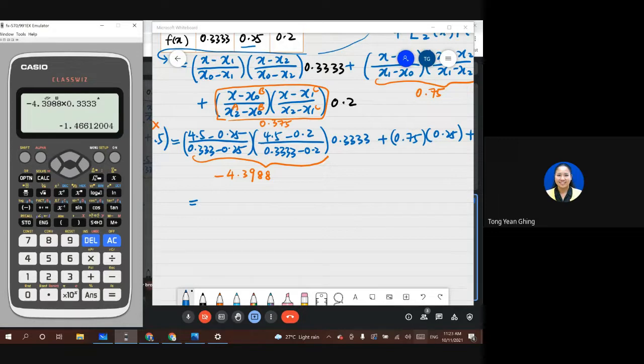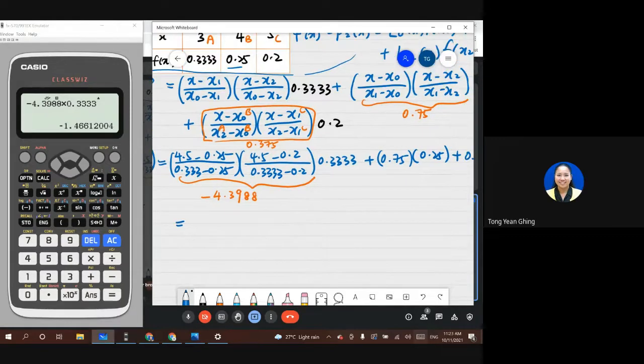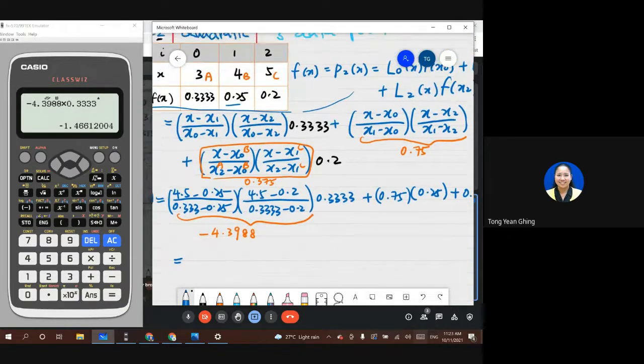Did I calculate wrongly? In the books. Oh, I see now why I put the value of y.